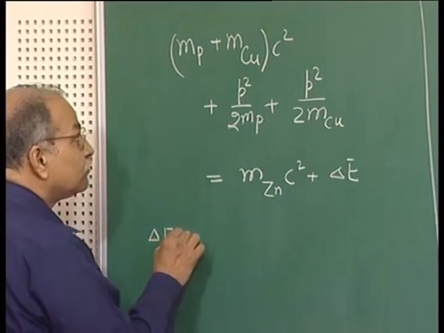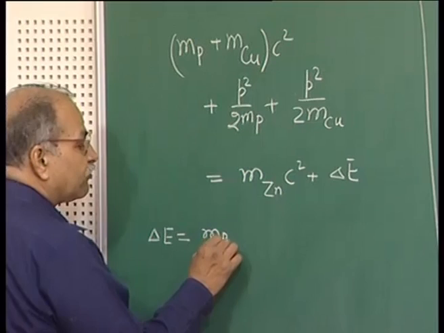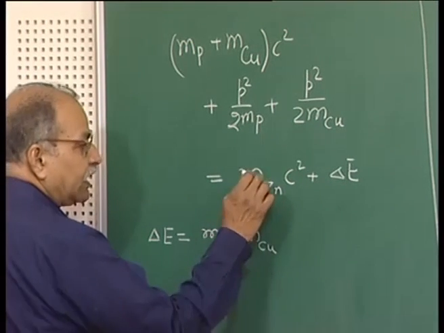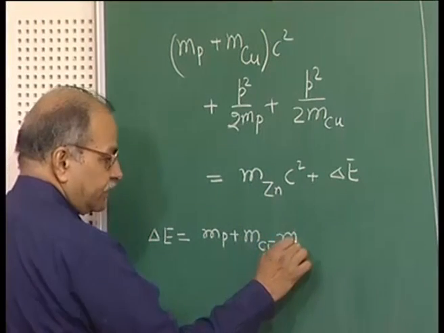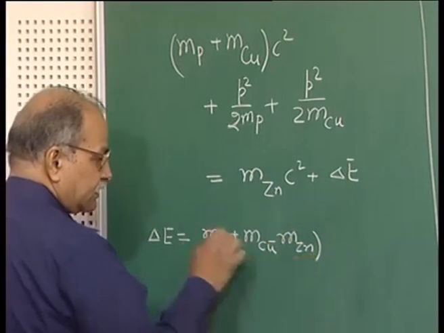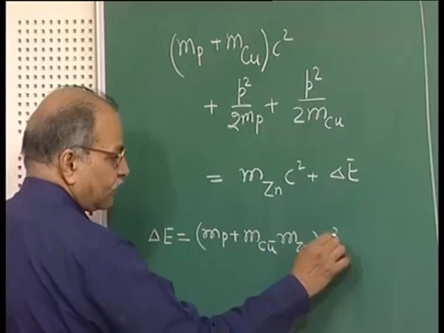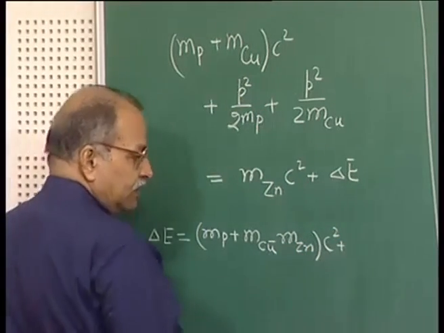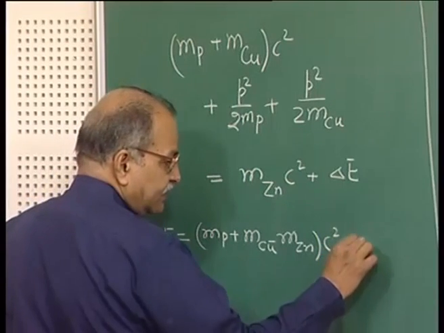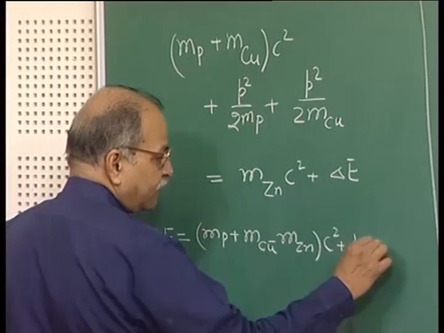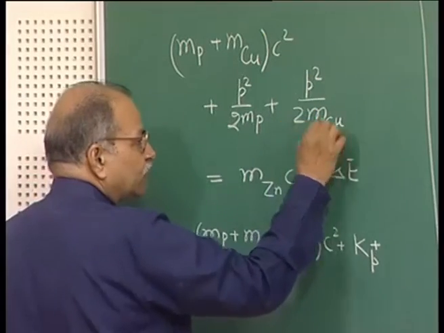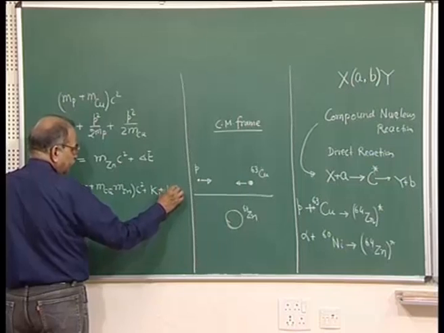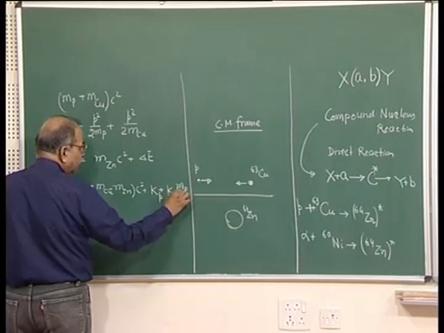is equal to the mass of the proton plus the mass of copper minus the mass of zinc, this into C square, plus p square by 2 mp, which is the kinetic energy of the proton, and plus p square by 2 mcu, which you can write as the kinetic energy of the proton again times the mass of proton over the mass of copper.